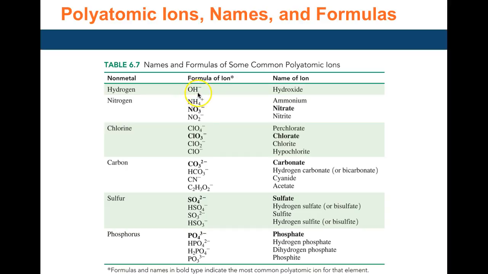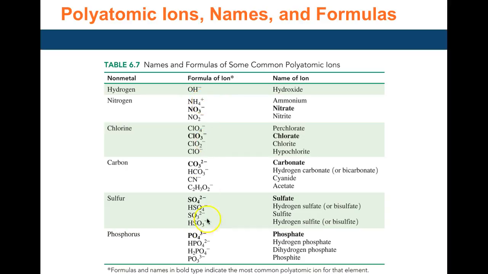Most of them have this ion, the hydroxide ion. And so that's an OH minus. Ammonium is the only polyatomic ion which is positive. So NH4 plus, it is derived from ammonia, and so NH4 plus is the ammonium ion.